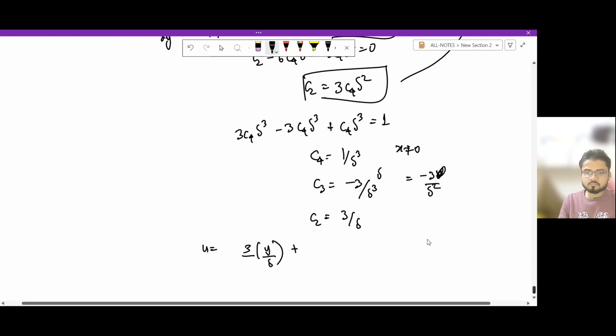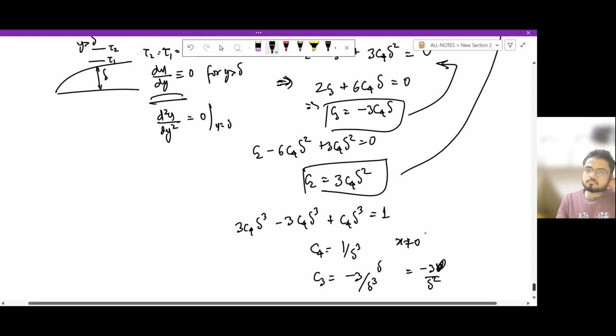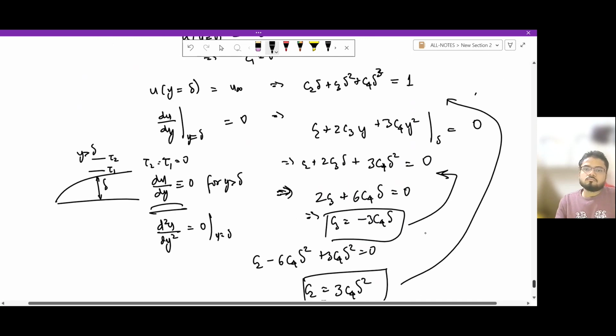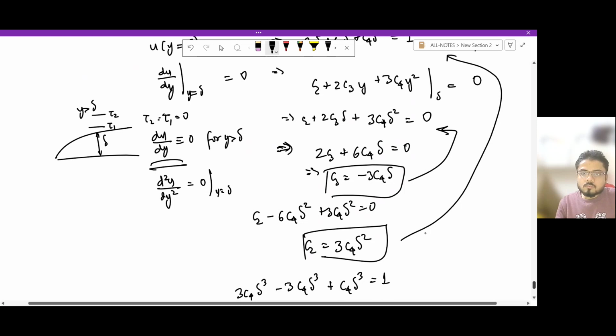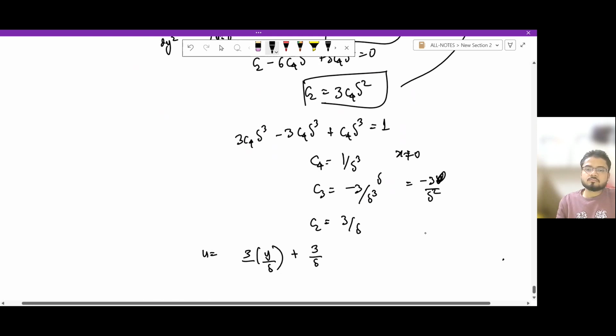c2 becomes 3 by delta. No, wait, that's already done.